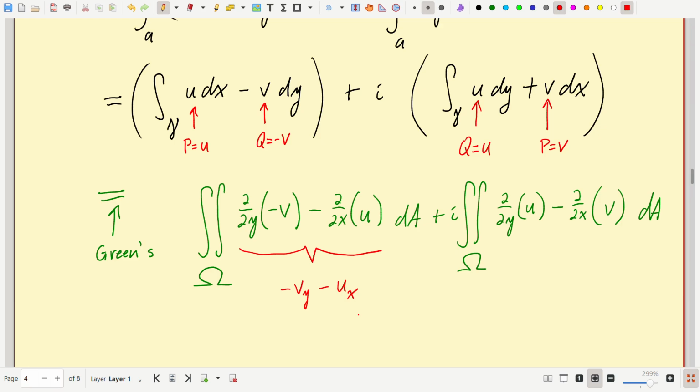Am I screwing this up? Is it plus d dx of u on the left? I think Green's theorem was dq dx minus dp dy. Oh, for crying out loud, did I really do that? Did I screw up Green's theorem above?